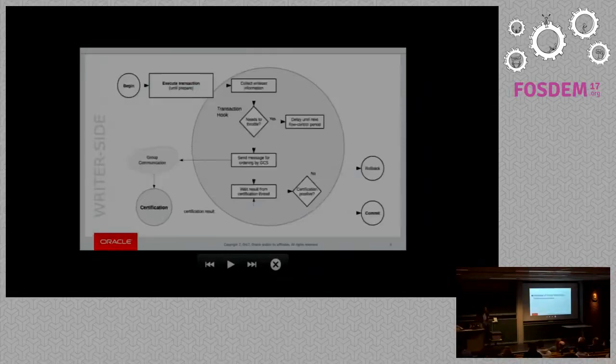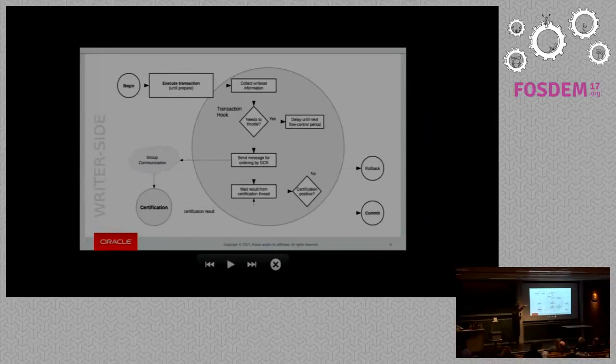Okay, so let me start with this anatomy of group replication. In group replication, we have basically two big parts. So we have the transaction, and after a transaction is prepared, so it executes and it's ready to be propagated, group replication enters at this point where it's ready to commit, and then it gathers the write set information.